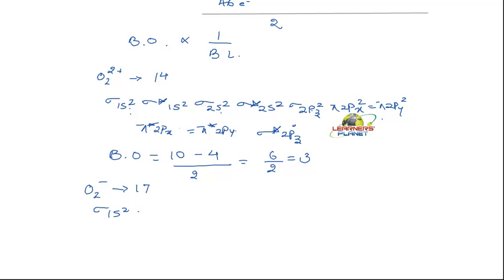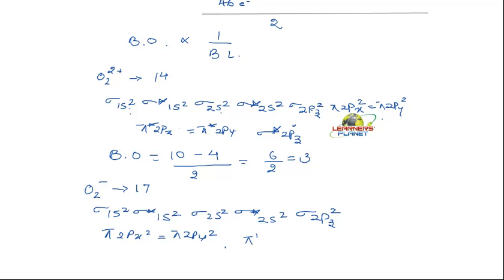So it would be sigma 1s2, sigma anti-bonding 1s2, sigma 2s2, sigma anti-bonding 2s2, sigma 2pz2, then pi 2px2 equal to pi 2py2, right? Now we need to have 17 electrons. So pi anti-bonding 2px2 equal to pi anti-bonding 2py1.